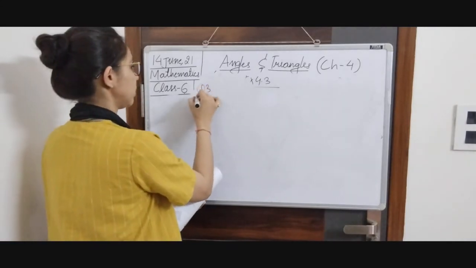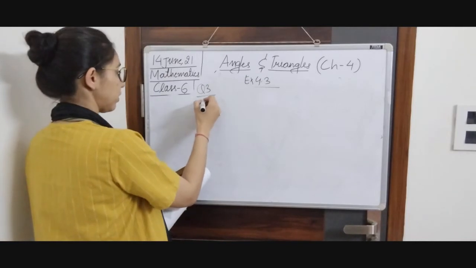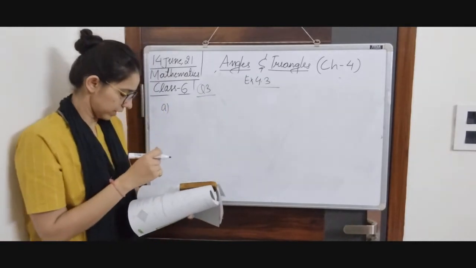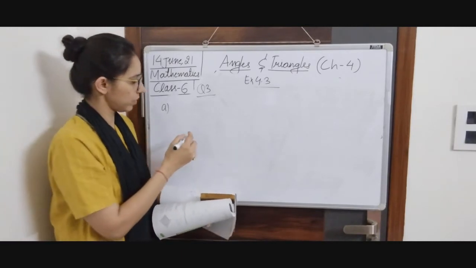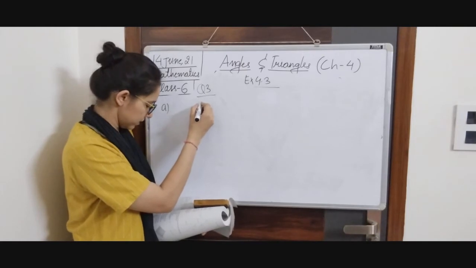Question number 3. We have to draw a diagram of two angles that have one point in common. Okay. They have one point in common, so we will draw it like this.